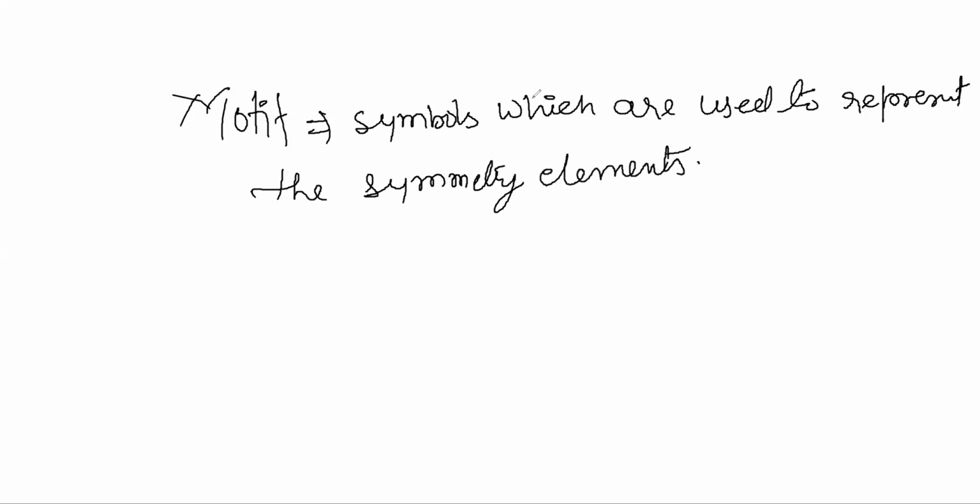All right, so there are three types of motif: hollow, which is known as bottom face, and the top face, and sometimes top and bottom face together. This is the motif which shows the center of symmetry.